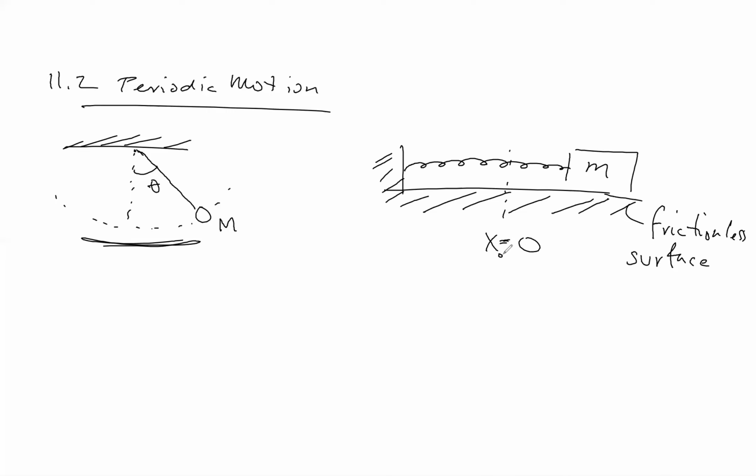What I find is this mass, if it's out here to the right, it's going to experience a force that restores it towards the center, and it'll start moving towards the center, and then it'll reach this point as it gains velocity, and then it'll begin to compress the spring, and it'll slow down. And so what happens is this mass just oscillates back and forth in time in a periodic way.